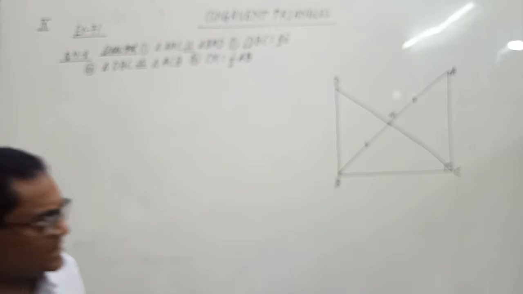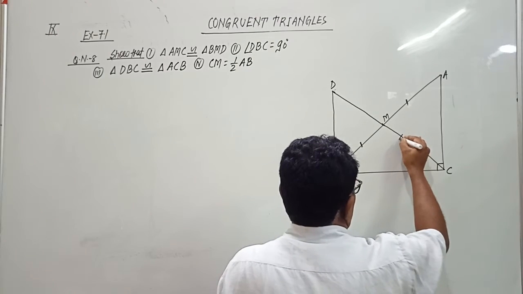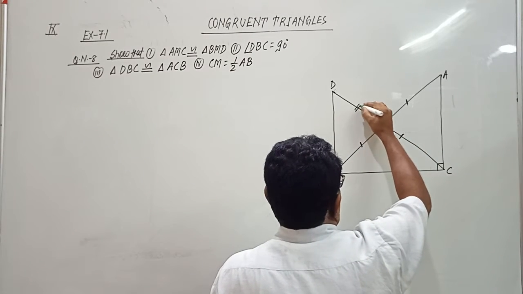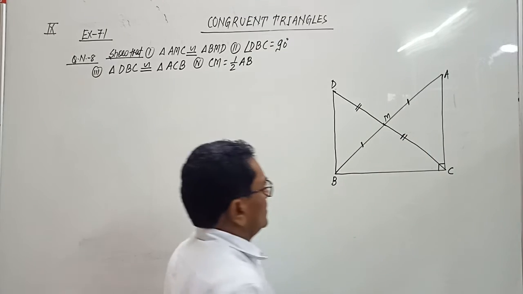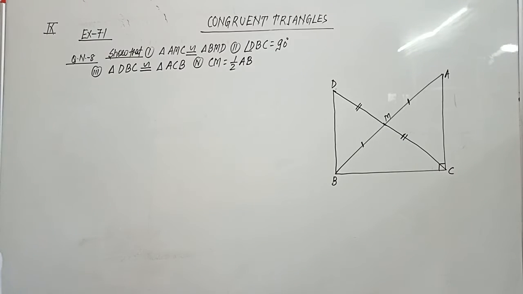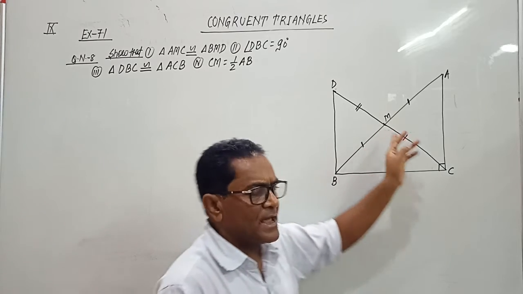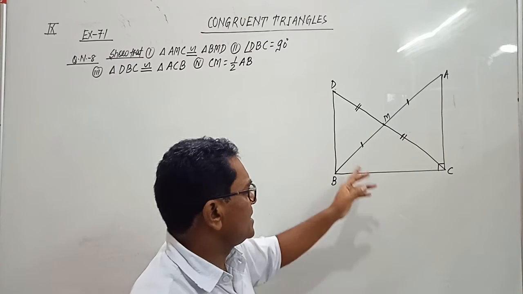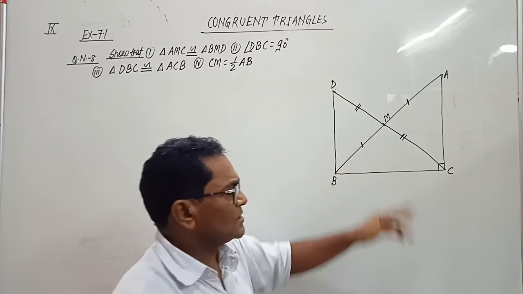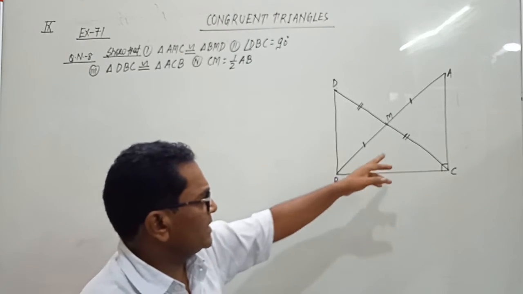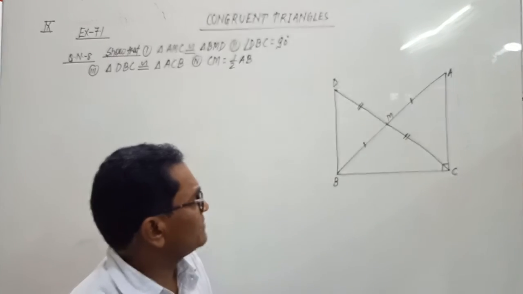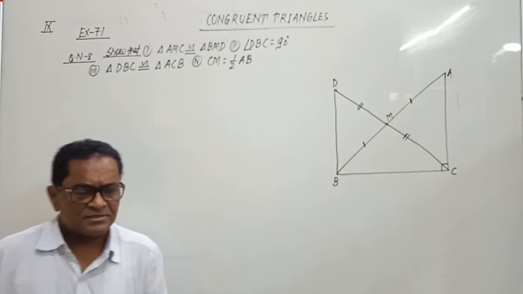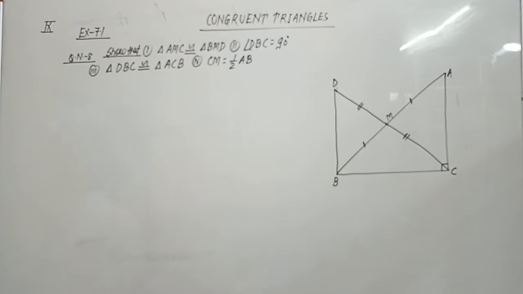We have also given that CM equals DM. So AM equals BM because M is the midpoint of AB.